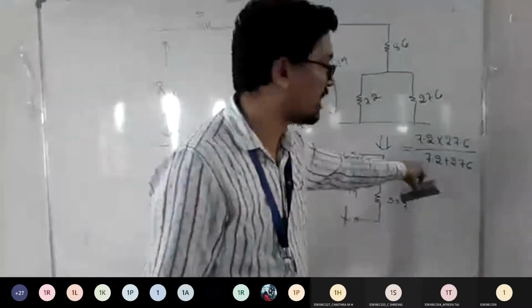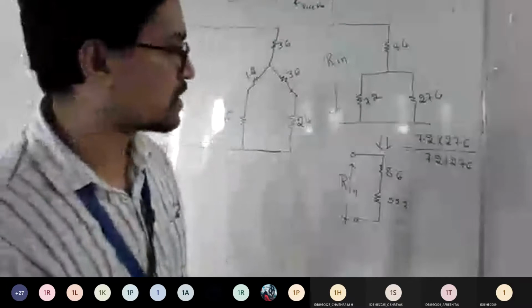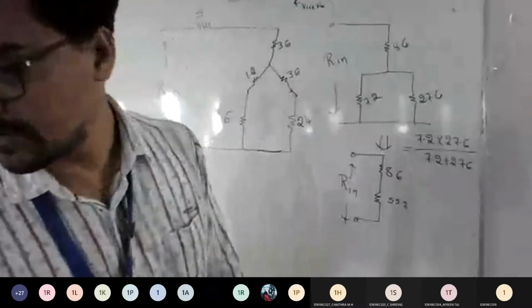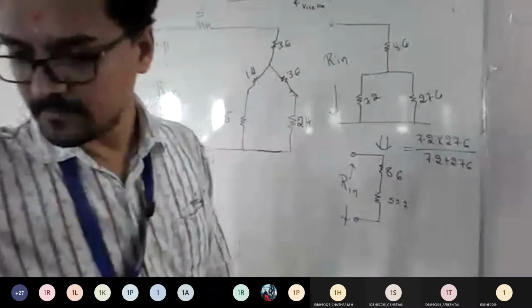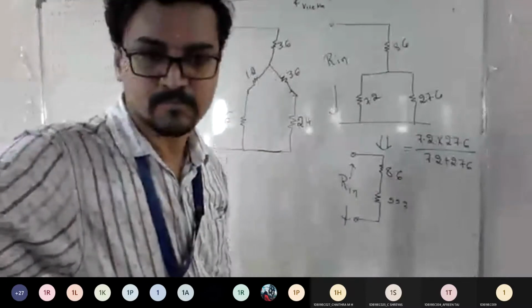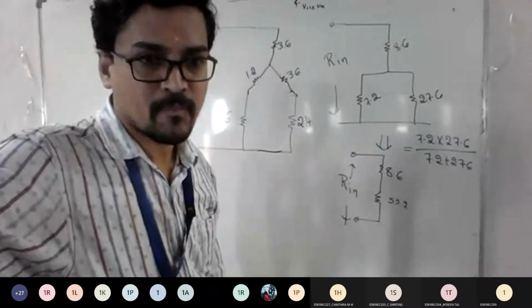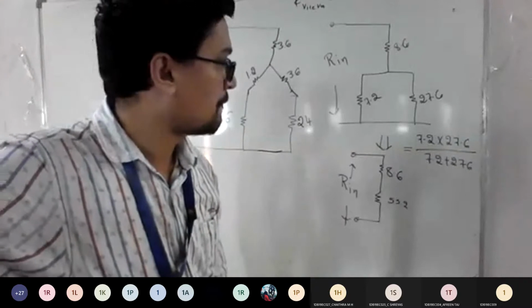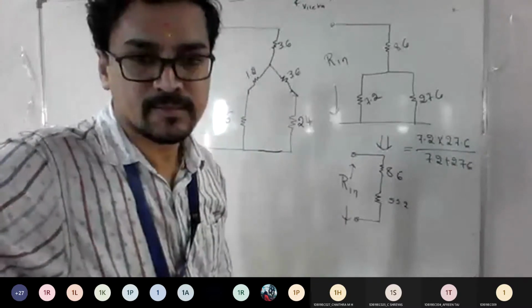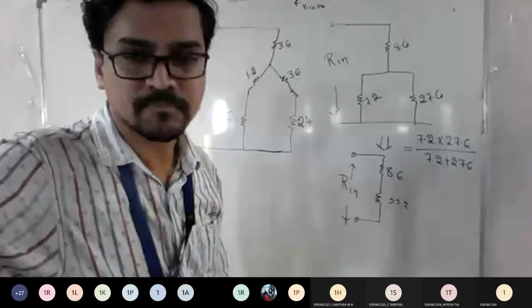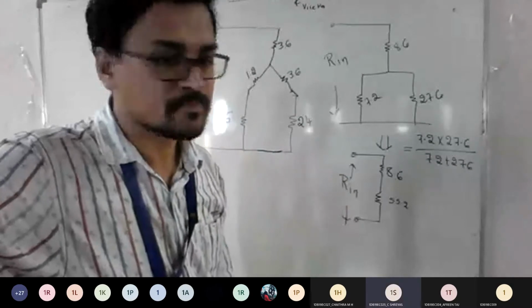So is it correct what you would answer? Parallel combination 7.2 into 27.6. So is it 55.2 only? Everyone? Correct or wrong? No, sir.